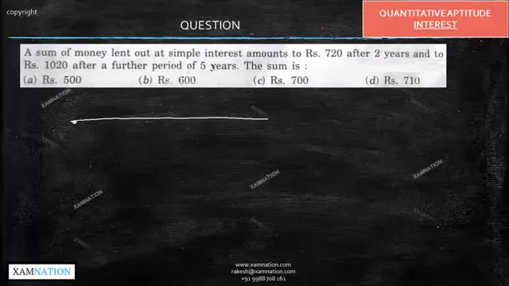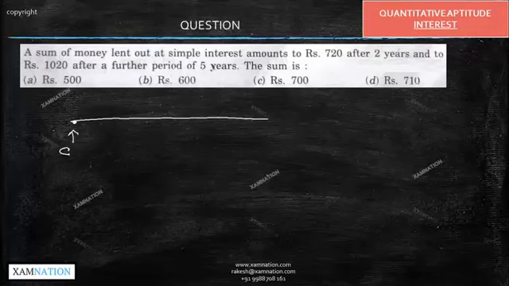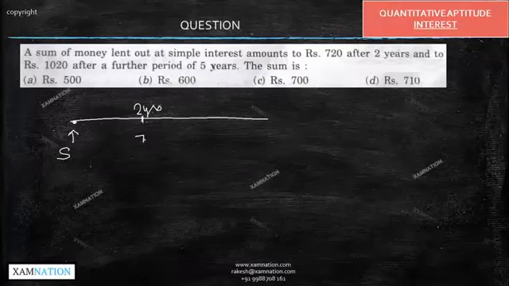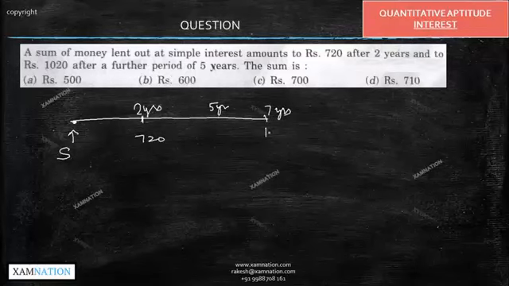Second, a particular sum of money is lent at simple interest, and after 2 years it gives us an amount of 720 rupees, and after a further 5 years, so a total of 7 years, it gives us an amount of 1020. We are asked to calculate the sum.